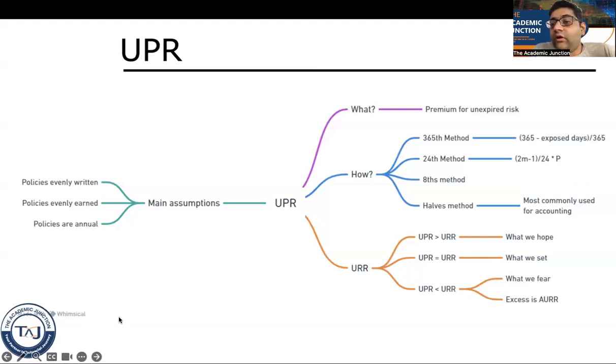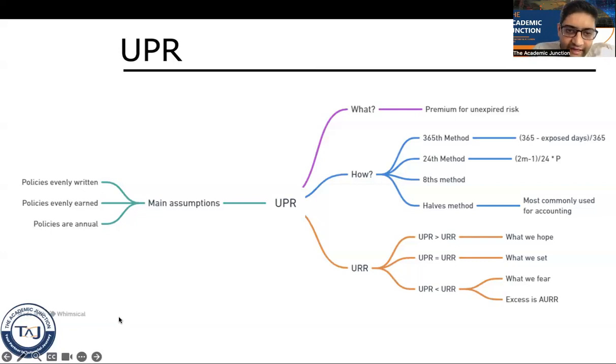You can always release the excess into your profit pool at a later point in time, but if you release it, you cannot get that money back when you want it, and it becomes an AURR question later. So people generally set UPR equal to URR.